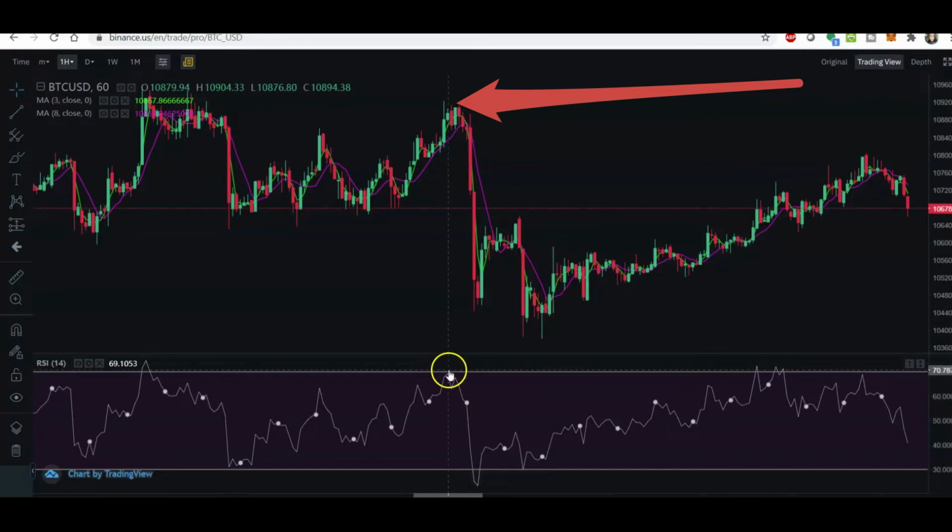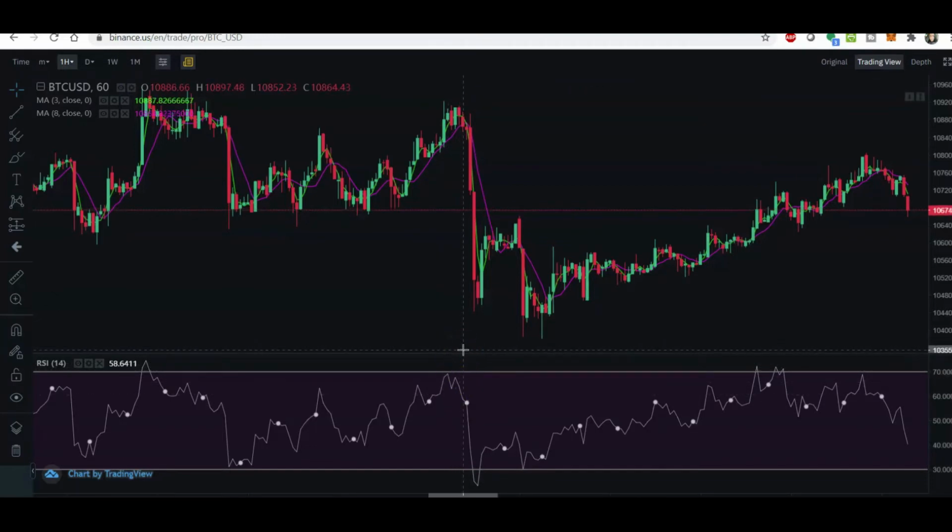Remember, the RSI is good for informing you of the best entry and exits for your trades, and you're always better off being safer than sorry, and not risking a price reversal.